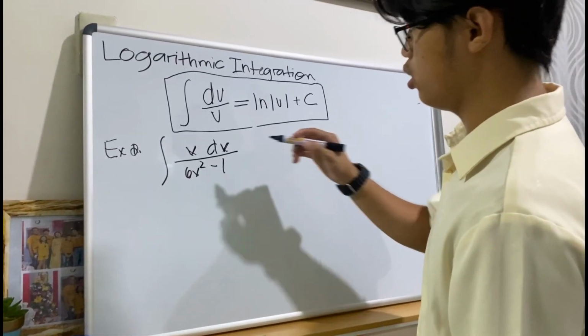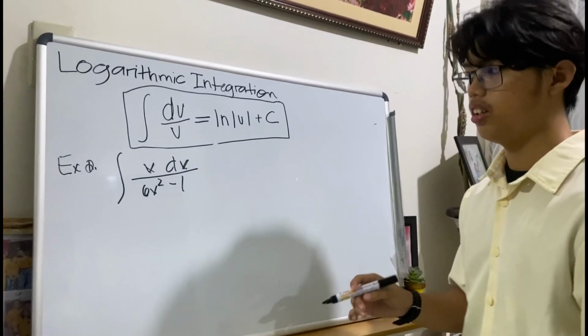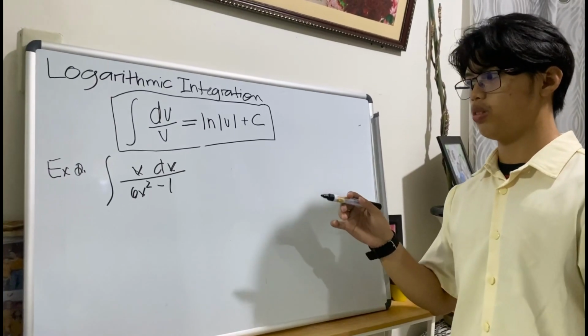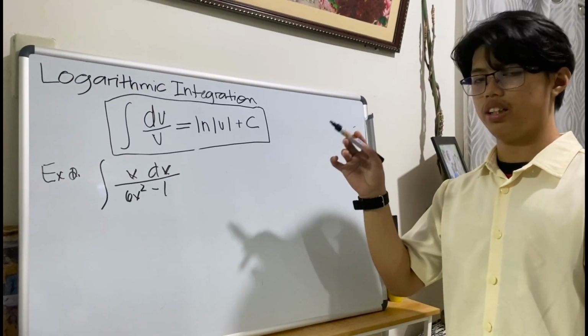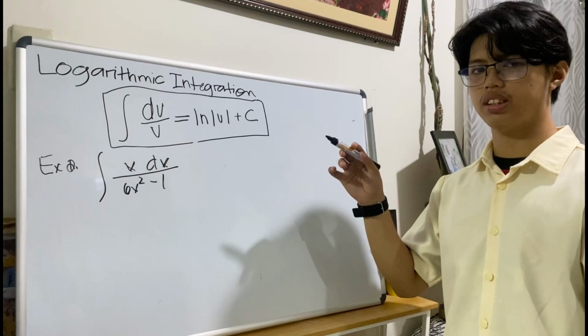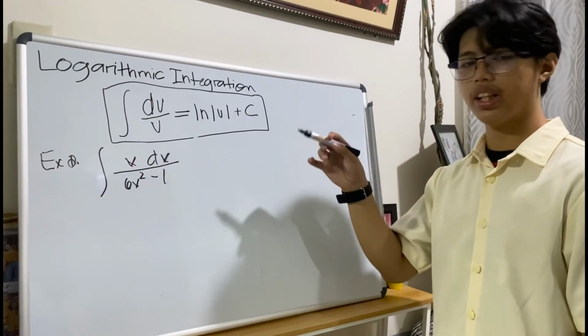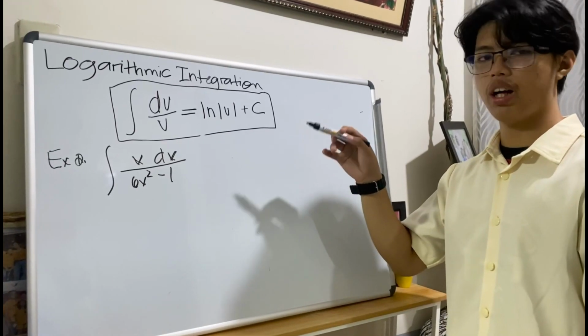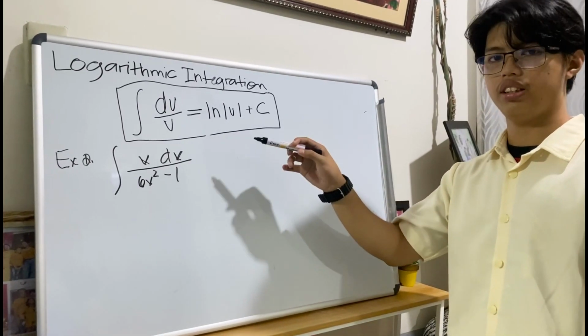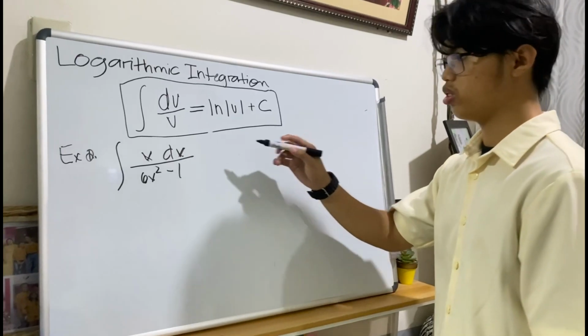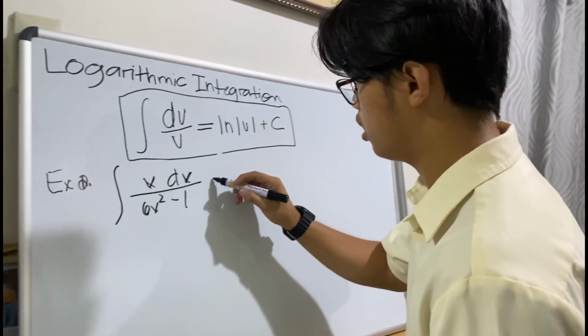We cannot use v as our u because if we derive v, it will just give us du equal to dv. So we cannot substitute the value of dv here, just du. So we will not get the answer.